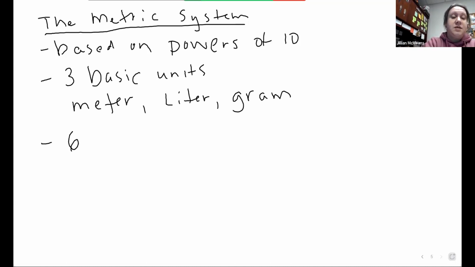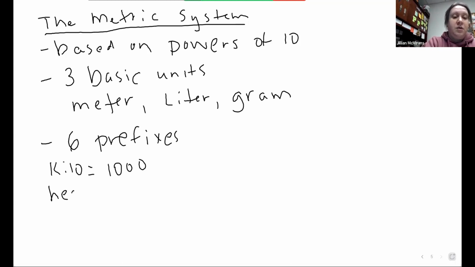There are then 6 prefixes. So you slap one of the prefixes in front of meter, liter, gram, and it changes it from 1 meter to multiple meters or partial meters. Ditto for liters and grams. So here are the prefixes. We have kilo, which means 1,000. We have hecto, which means 100.